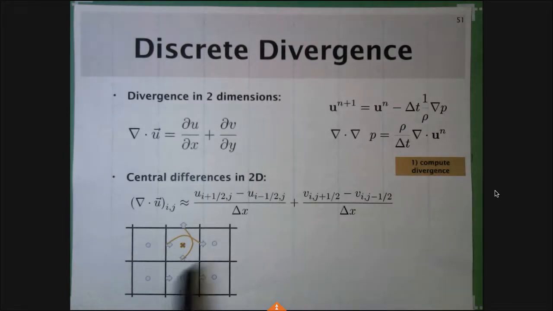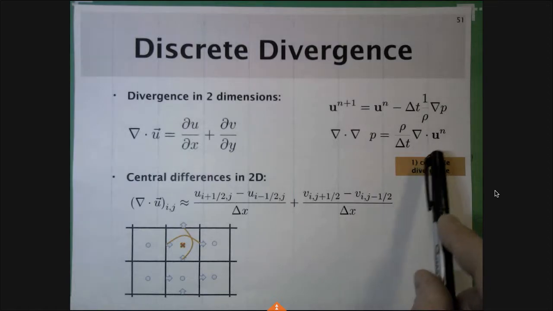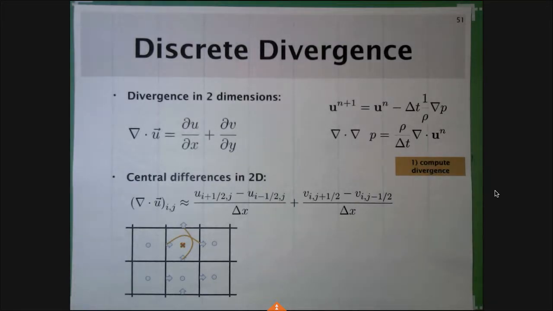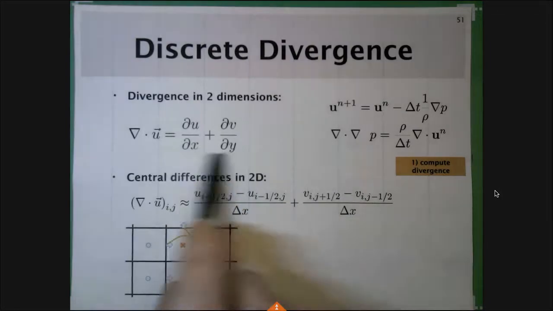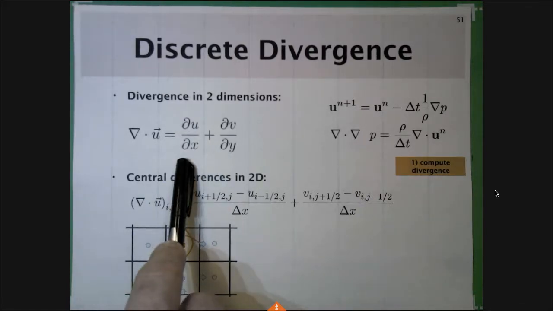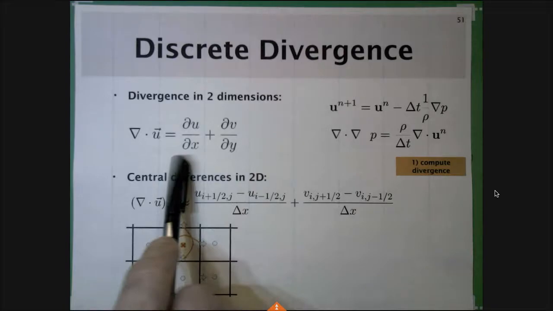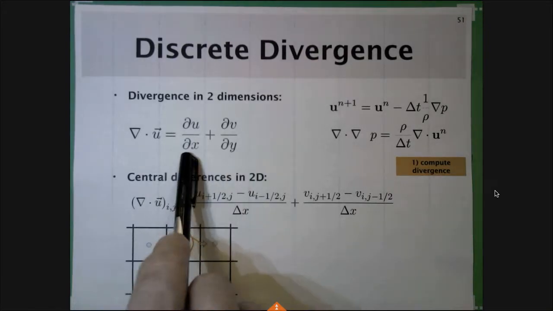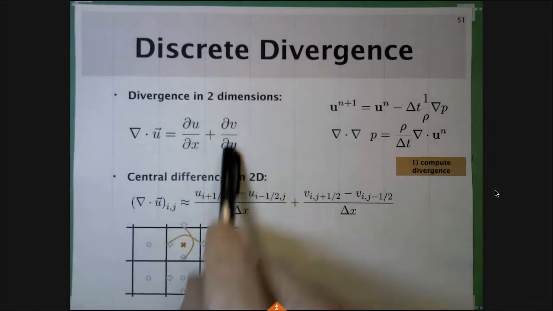So what is the divergence? There are two ways you can look at that. You can look at it as a discretization of this: partial u over partial x, plus partial v over partial y.